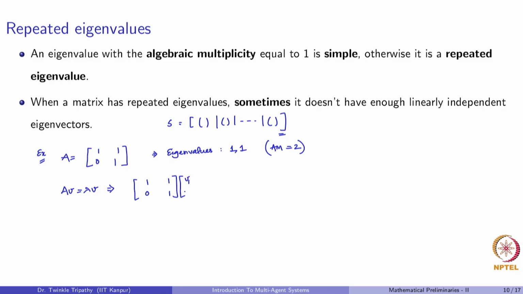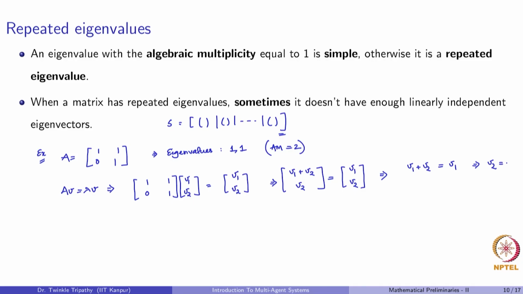So I'll split it into components. What do we get here? V2 equals 0 is the only solution here, and the other equation is simply this.